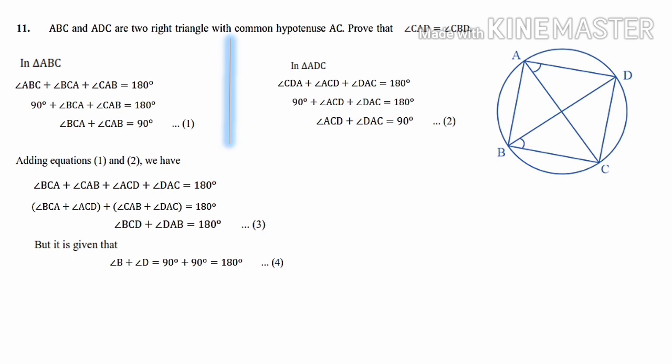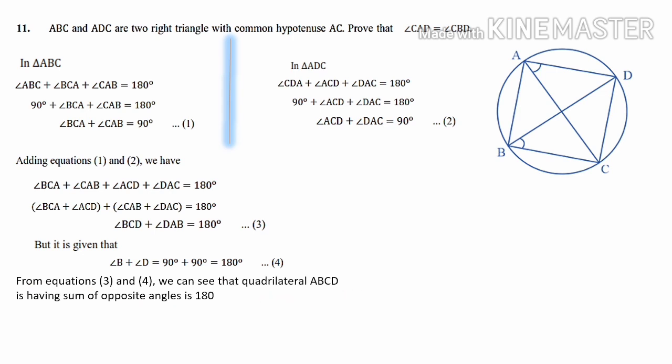Now you can see angle B and angle D are the opposite angles of this quadrilateral ABCD. Previously we have proved angle C and angle A sum is 180 degree, that is also opposite angles. Now we have proved angle B and angle D also 180 degree. That means from equations 3 and 4, quadrilateral ABCD has sum of opposite angles 180 degree.